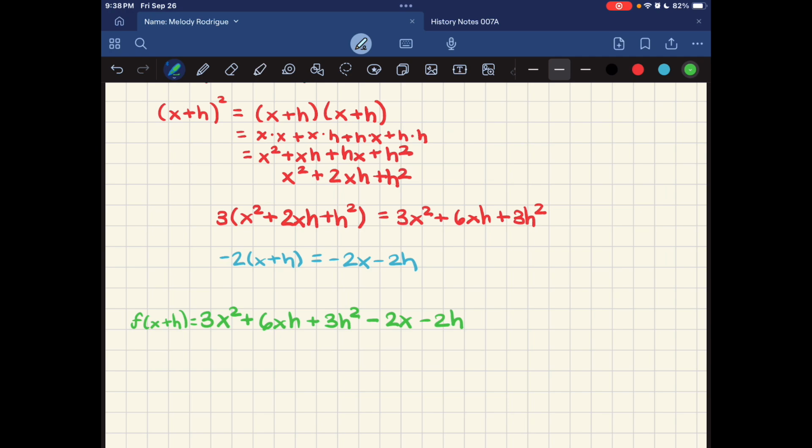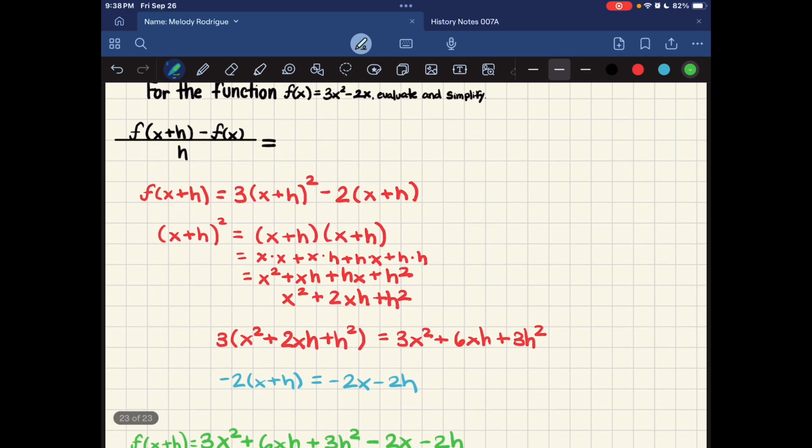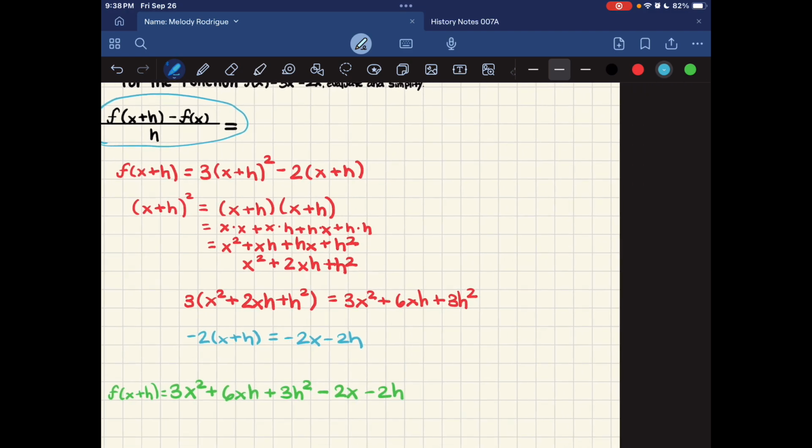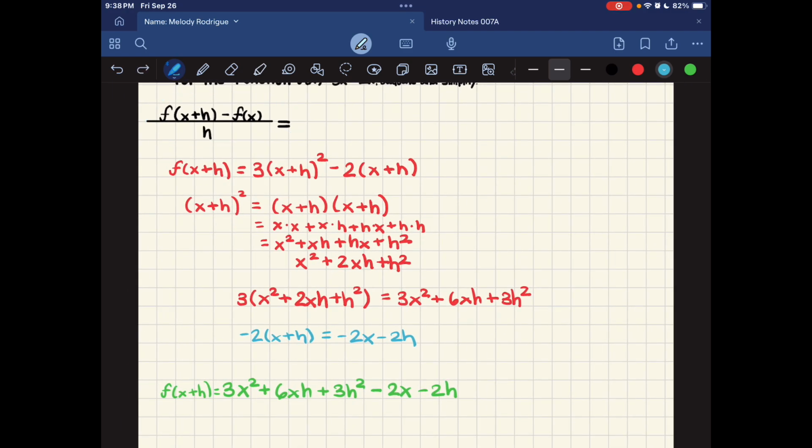And we also know at the top that the function f of x equals 3x squared minus 2x. So now we're just going to input this into this equation. So for an example, right here, f of x plus h, we're going to put it right here.